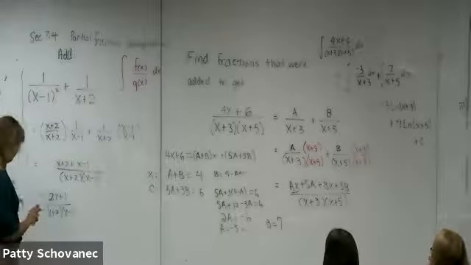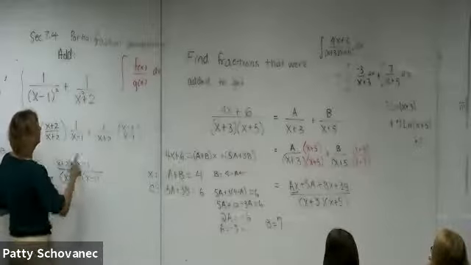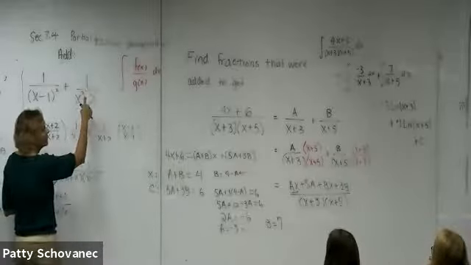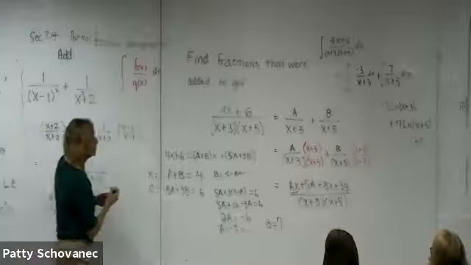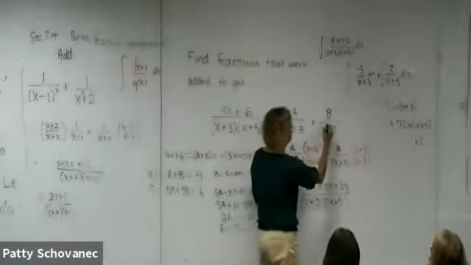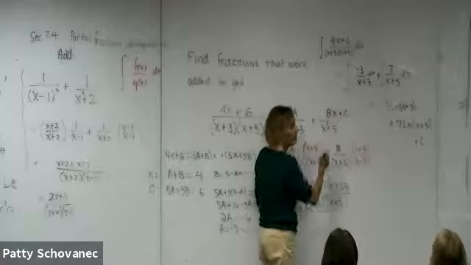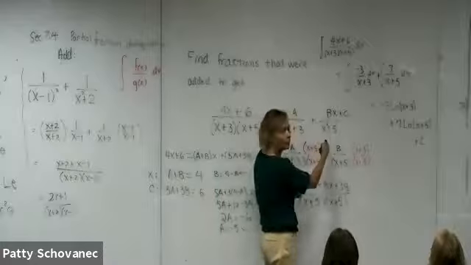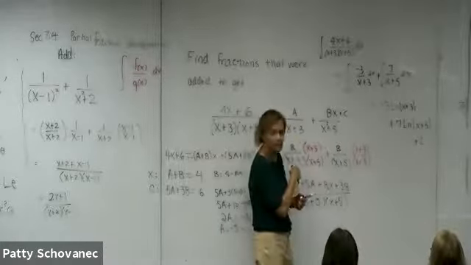If I have something here that's second degree, then it's possible that my numerator of the reduced fraction might have an x on top. So if I had a second degree here, I've got to put a first degree factor on top. Because that's still in reduced form. It's a possible fraction that was added to that one to get that one.